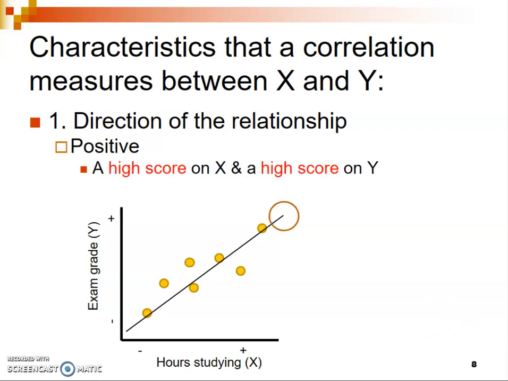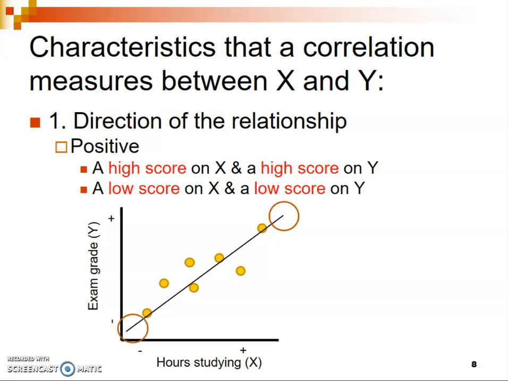In general, when we have a positive correlation, what that means is a high score on one variable is going to be associated with a high score on the other variable. Students that are up towards this higher end of X also are going to have a higher value for Y. So a positive correlation means if you have a high score on one, you have a high score on the other.